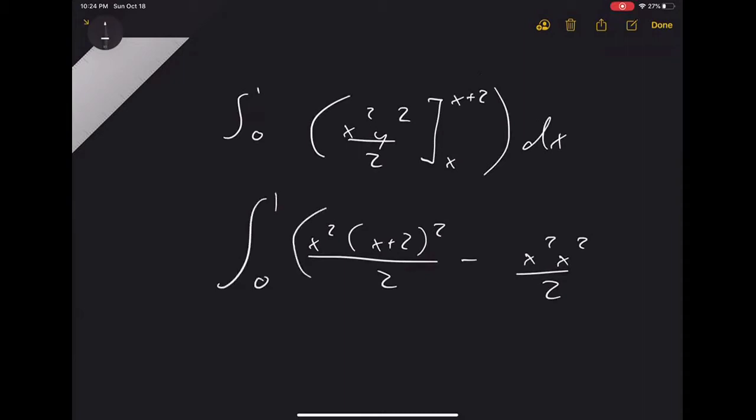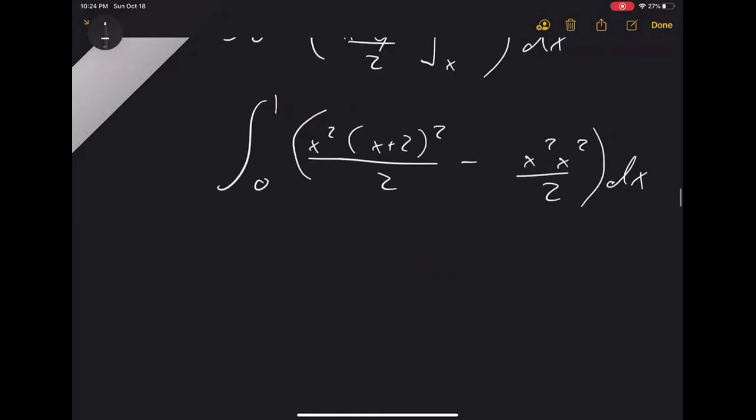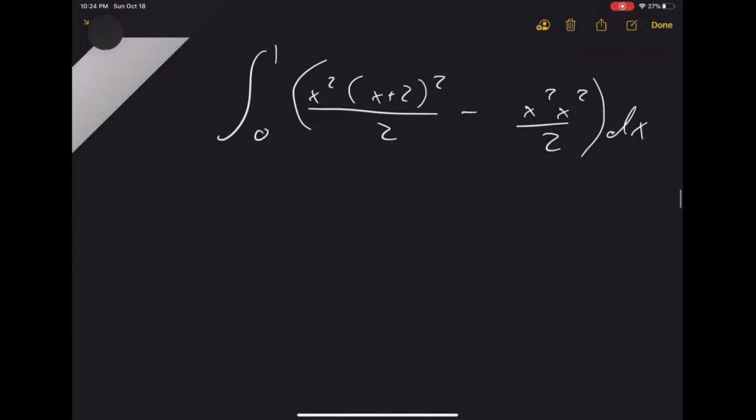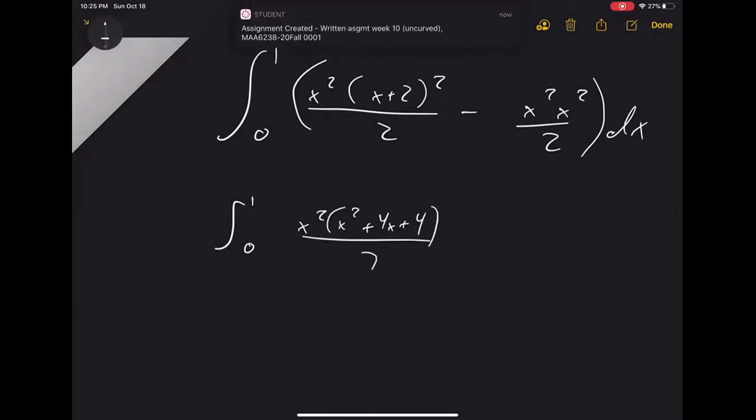And this is all still inside my integral with respect to x. So I'm going to simplify all this, and I'll just end up with a function. Now there will be no y's, there's just going to be x's, and so I'll be able to integrate that further. So I have x squared times x squared plus 4x plus 4 over 2, minus x to the 4th over 2, dx.